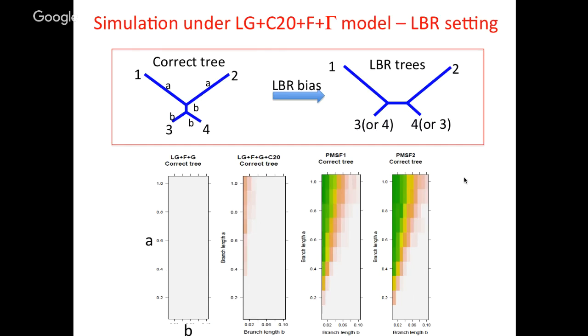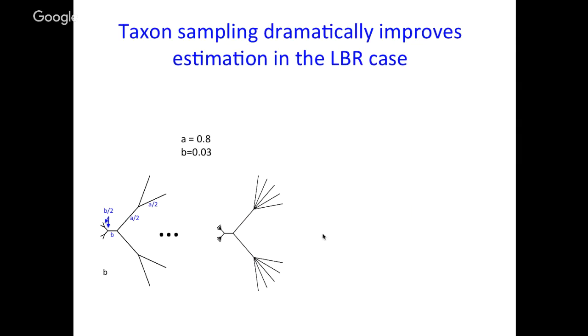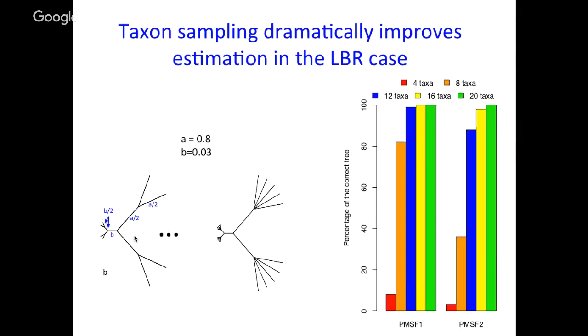However, the good news is that if you improve the taxonomic sampling, and I'll just go briefly through this, we look at this particular parameter setting here, and we now increase the taxon sampling to the 4 taxon tree problem, going from 4 to 20 taxa.